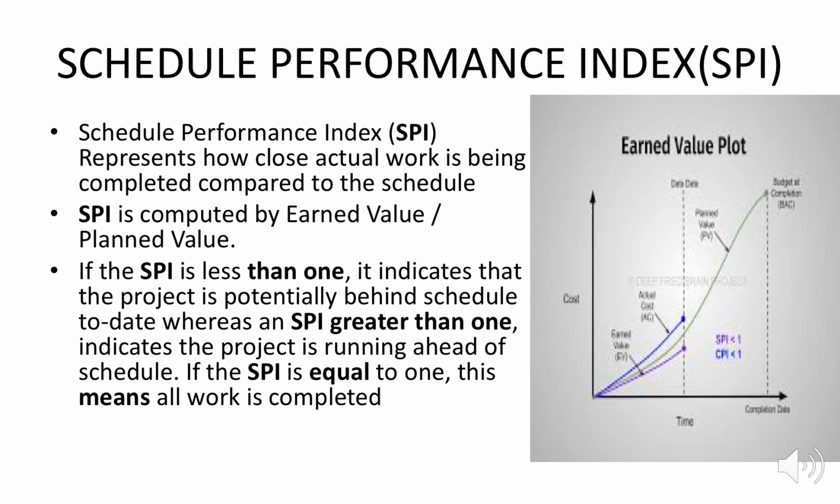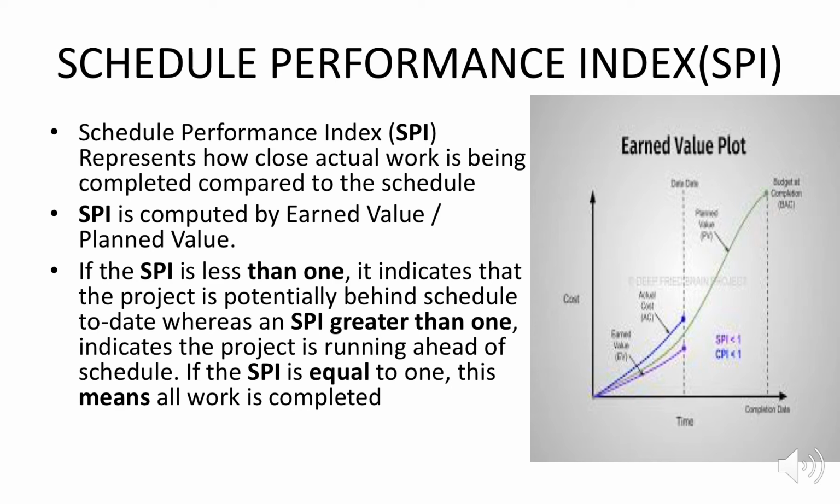Let's see the graph. The x-axis is time and the y-axis is cost. The middle green line is the budget at completion, BAC, the line above the green line is the actual cost, and the line below the green line is called the earned value, EV.